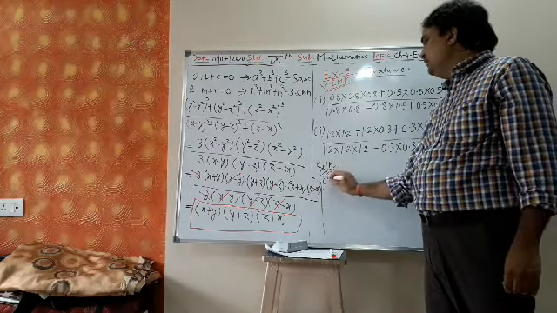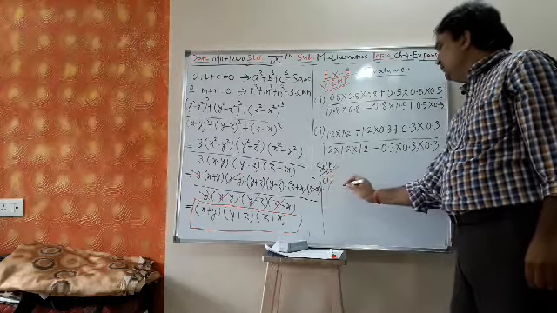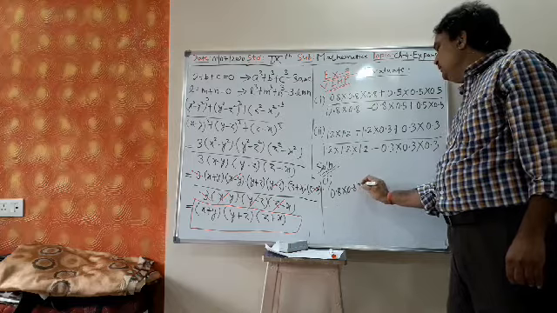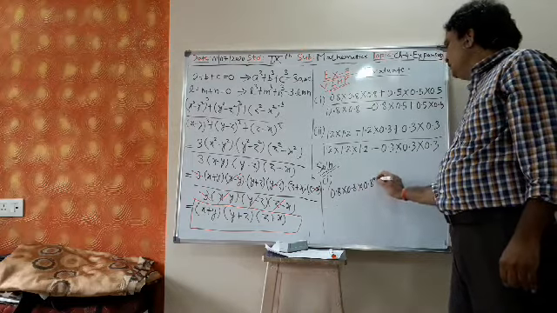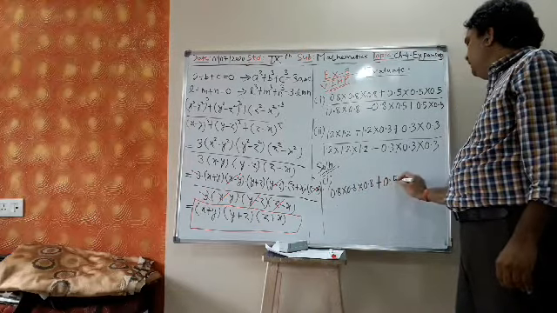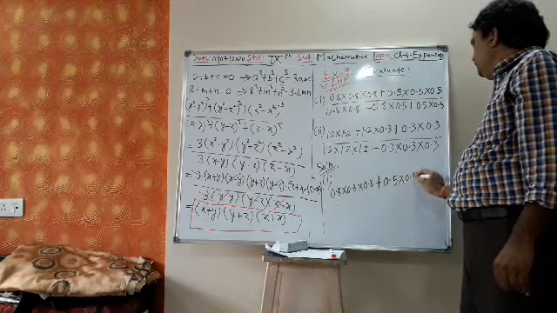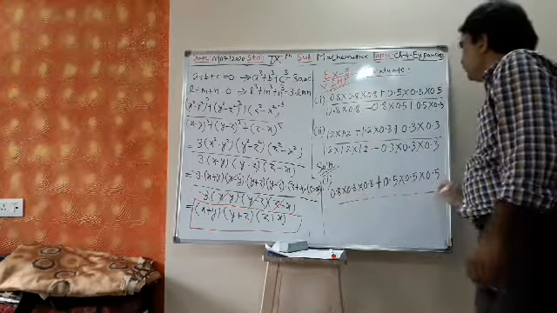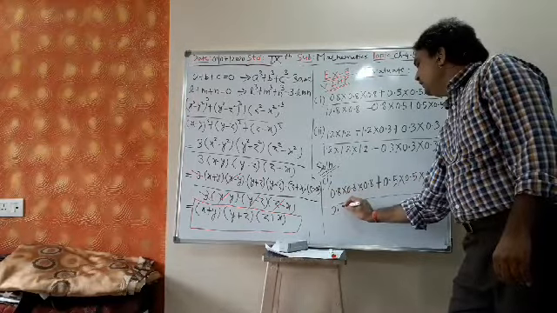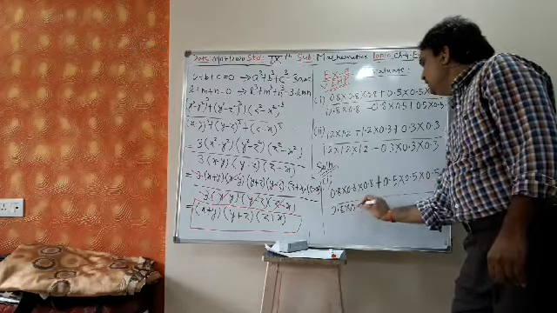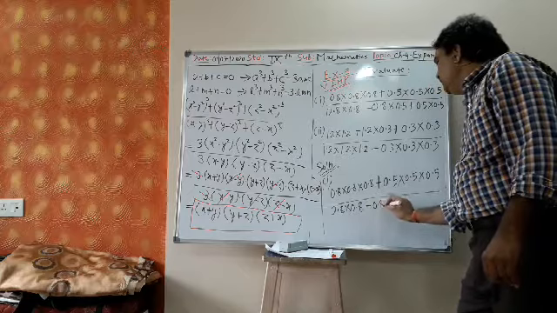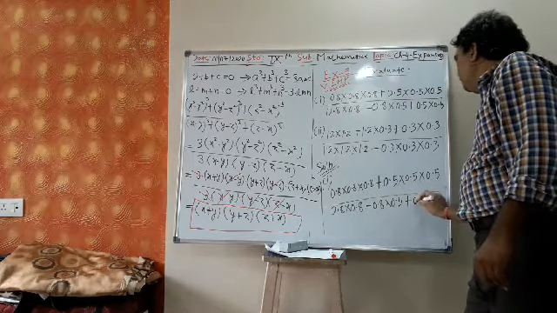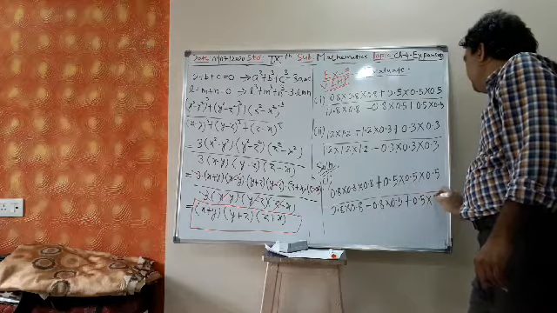So first, let us solve 0.8 into 0.8 into 0.8 plus 0.5 into 0.5 into 0.5 divided by 0.8 into 0.8 minus 0.8 into 0.5 plus 0.5 into 0.5.